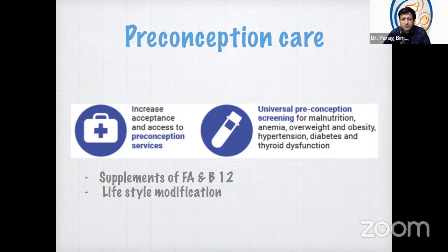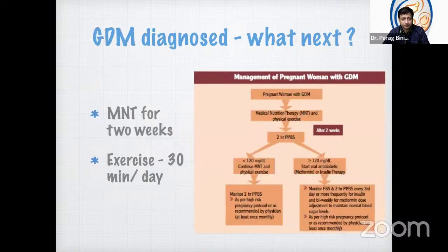All these factors have to be assessed. Once we look at these values, appropriate advice has to be given. And then we usually start supplements of folic acid and B12 for these women and discuss with them lifestyle modification and how important it is to follow it up, especially when they are planning to conceive.